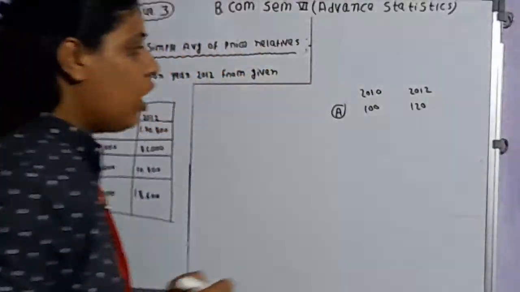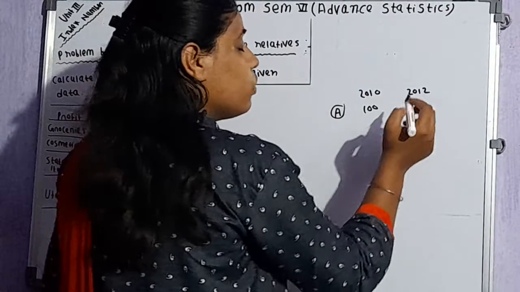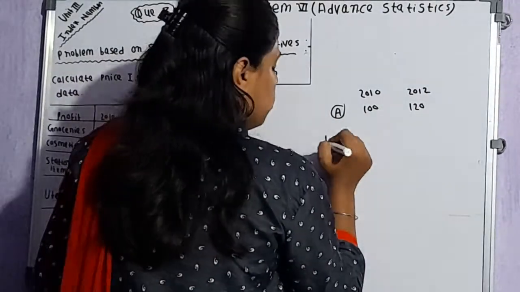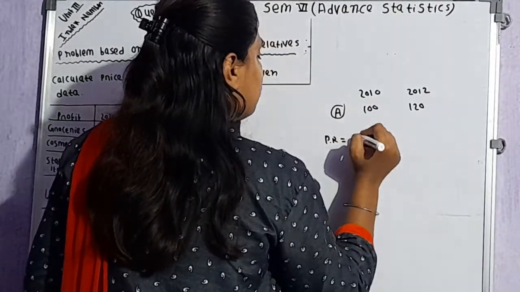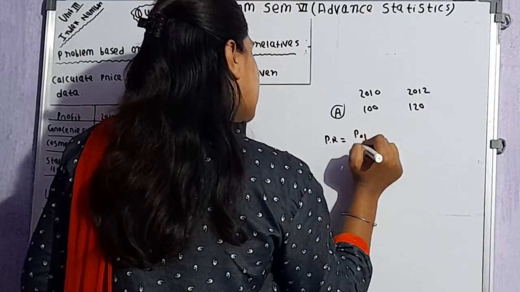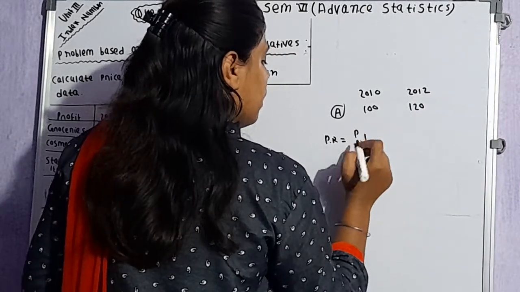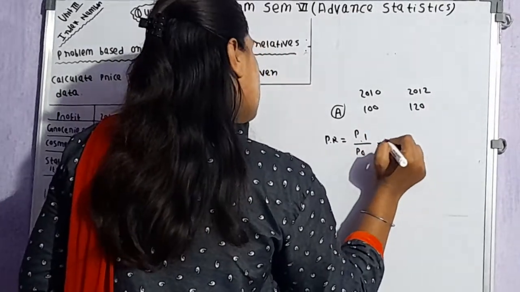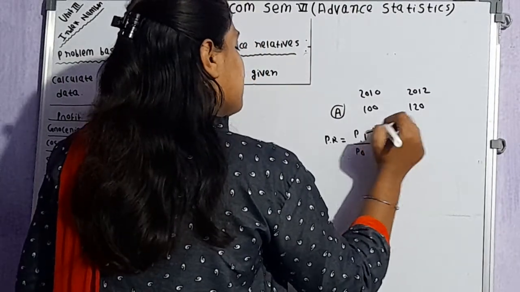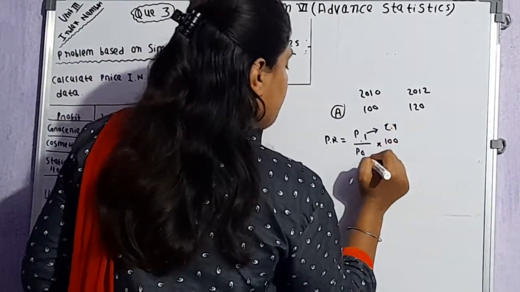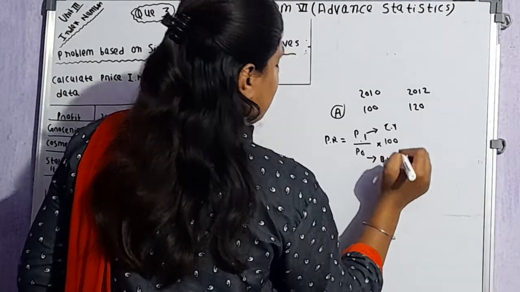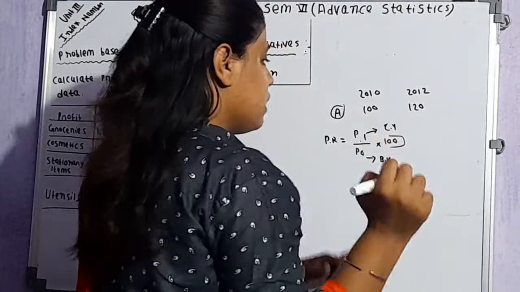So how are we going to calculate the price relative in this case? Price relative is equal to P1 upon P0 into 100. P1 represents the current year, P0 represents the base year, and 100 is the base for calculation.